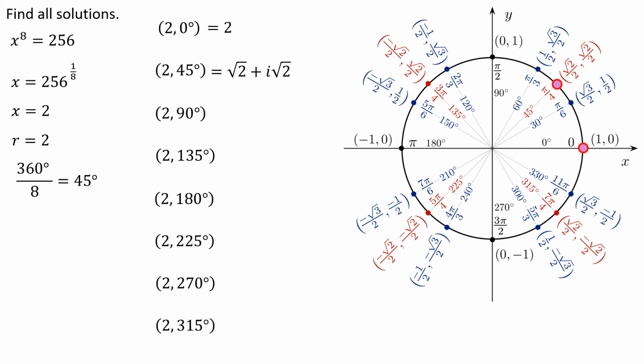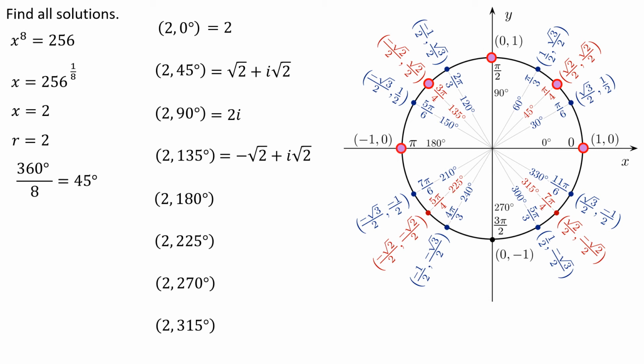There are the answers. 90 degrees. 0 times 2 is 0. And then 2i times 1 is going to give me 2i. 135 degrees. I bet we reuse some numbers here. Right? 2 times negative root 2 over 2 becomes a negative root 2. 2i times root 2 over 2 becomes i root 2.